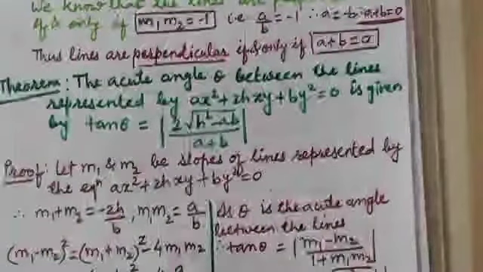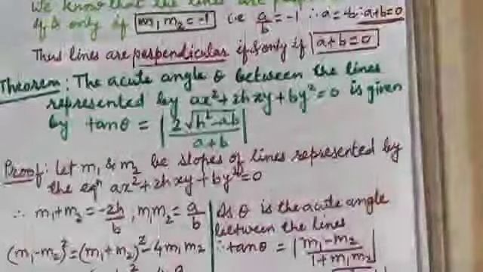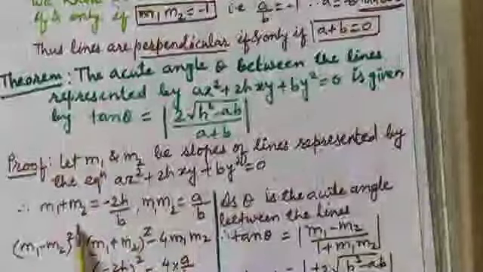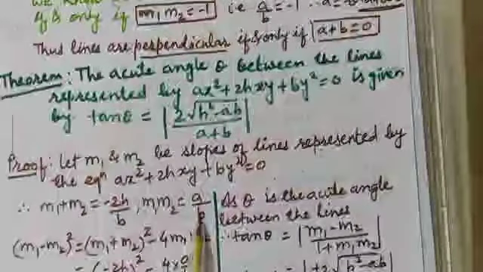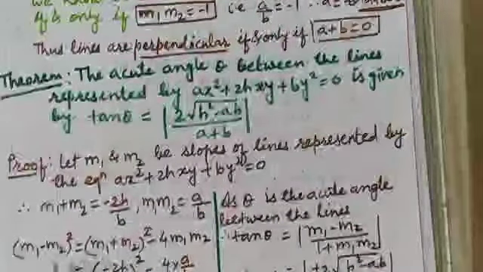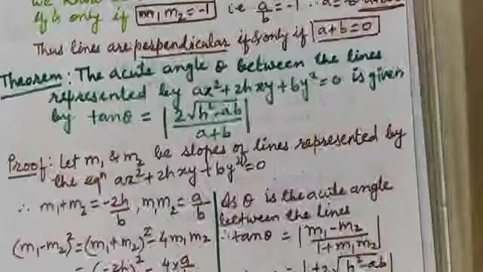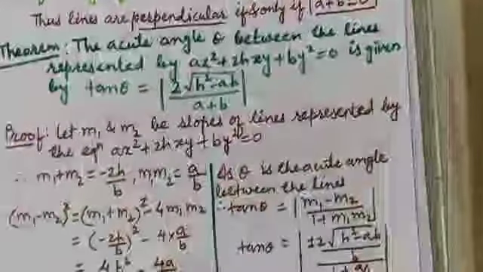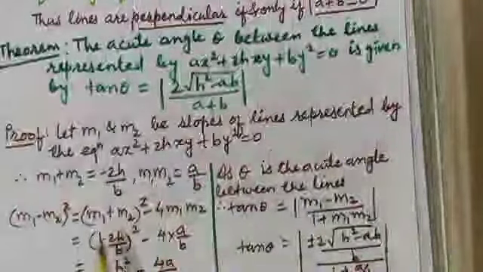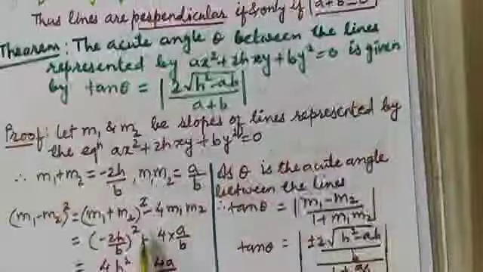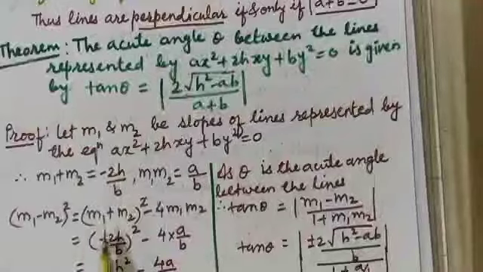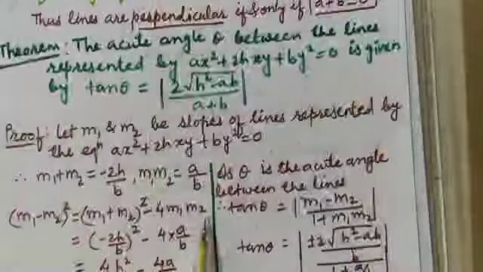Now, once we know the sum of the slopes m1 plus m2 and the product of the slopes m1 into m2, then we know the formula, as we have seen last time while solving the problem: m1 minus m2 whole square is equal to m1 plus m2 whole square minus 4 m1 into m2.